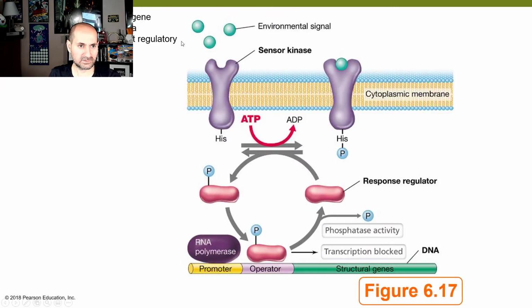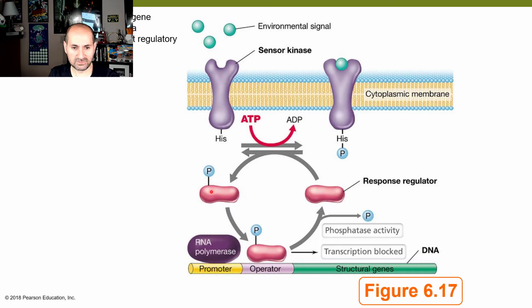Okay, so here is an example of such a regulatory system. You have an environmental signal, some kind of hormone or ligand. This environmental signal binds to the sensor kinase in the plasma membrane. That autophosphorylates. This sensor kinase becomes phosphorylated, which means it self-phosphorylates. You've got a phosphate group now attached to the membrane protein, activating it, which then phosphorylates a response regulator.